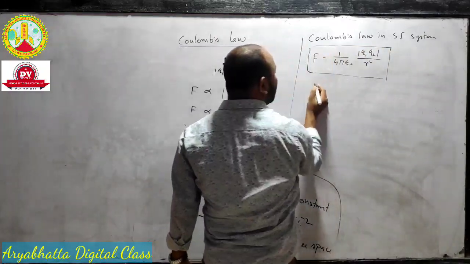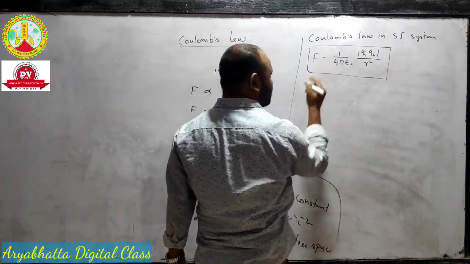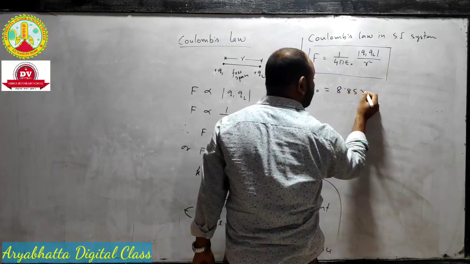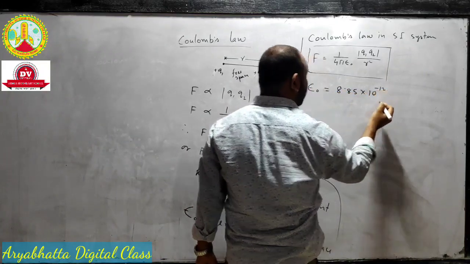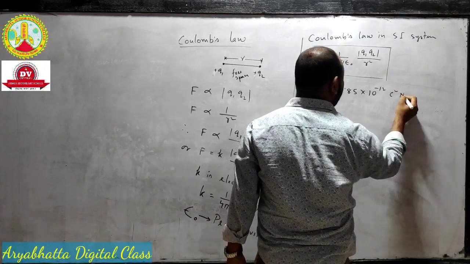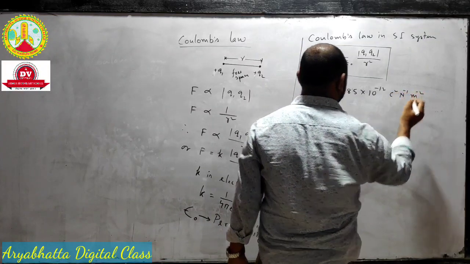And the numerical value of this epsilon naught is how much? It is 8.85 into 10 to the power minus 12 Coulomb square per Newton per meter square.